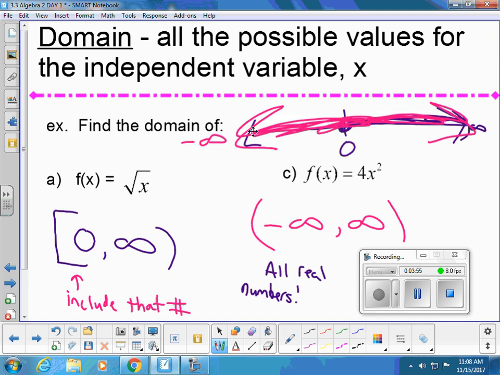And have you ever seen all reals written like this? Yes or no? If no, just be aware, if I would write this on the board, that would mean all real numbers. It's like an R with a double bar. I didn't invent that, it just means all reals. So negative infinity through infinity has the same meaning as all reals.